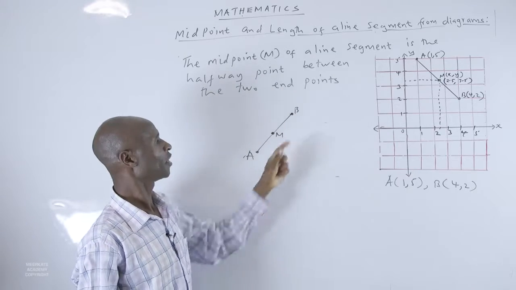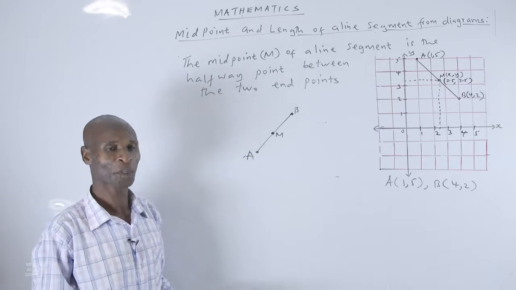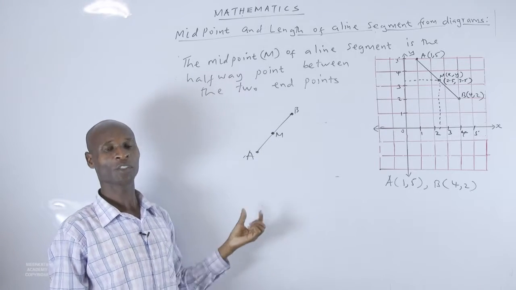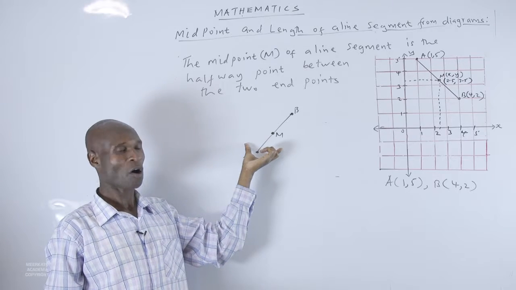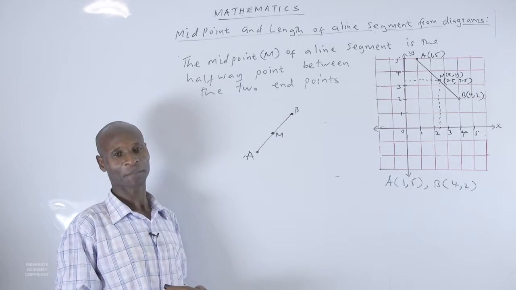But now, instead of using the diagram or plotting the 2 points on the Cartesian plane, we can establish a method which is suitable for calculating the midpoint of two endpoints of a line segment.